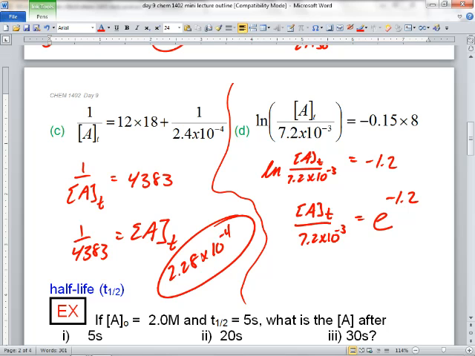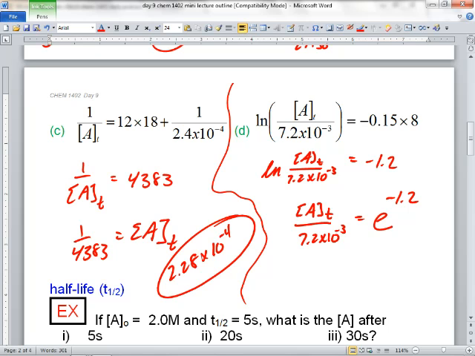You should probably figure out what that is. So let's make sure everyone's doing this right on their calculator. What I would do is plug in a negative 1.2 to the e power, and then take it times the 7.2 times 10 to the negative 3. Do it all in one big step. But we can break it down.